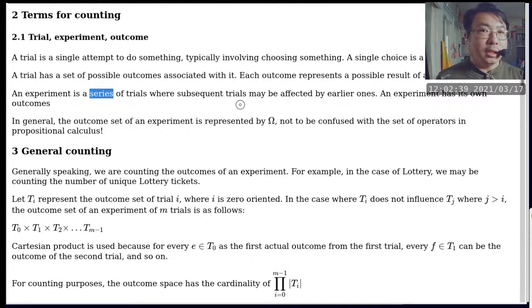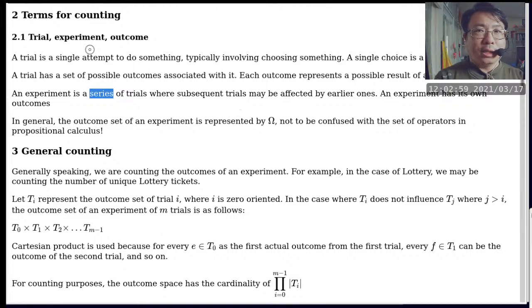On the other hand, there are some trials where it does not influence the choices of later trials, like flipping a coin or throwing a dice. Just because on the first throw your dice has a number 2 on top doesn't mean the second trial cannot also have a 2 on top.